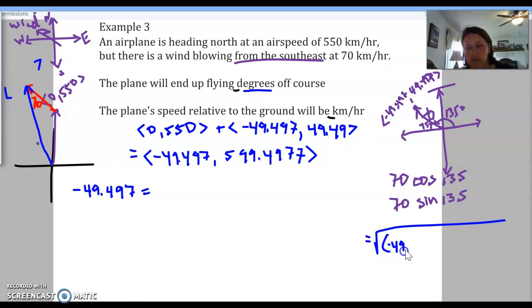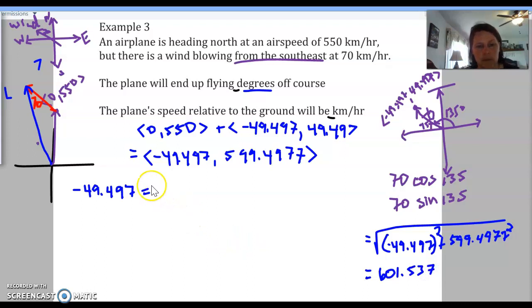So negative 49.497 squared plus 599.497 squared, and then take the square root of all of that. And I'll just tell you what it is. After I calculated that, I got 601.537.